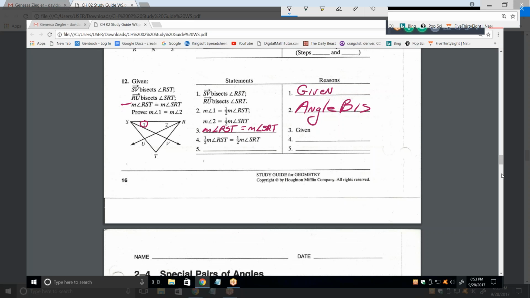Okay, and then we have another given. And now number 4, what would the reason be that I can say number 4 given number 3? Why is number 4 true after looking at number 3? Congruent? No, what do we have to do to get number 4 from number 3? That's what you always want to ask yourself. Why is 4 true? What did we have to do to 3 in order to get 4? It's not congruent.